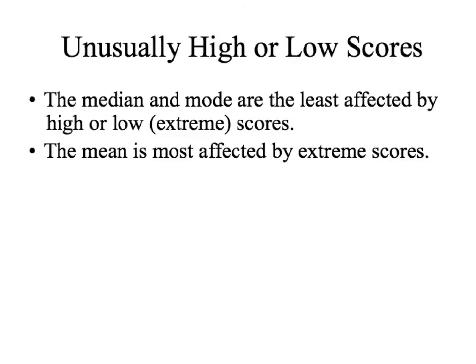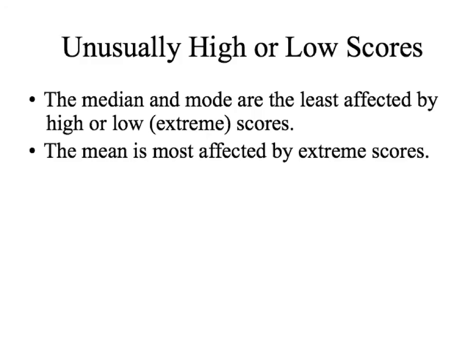So sometimes you will have what are called unusually high or low scores, or what we call outliers. And what we find is that when you have like one or two individuals in your sample that have really high or really low scores, it's going to skew your distribution.